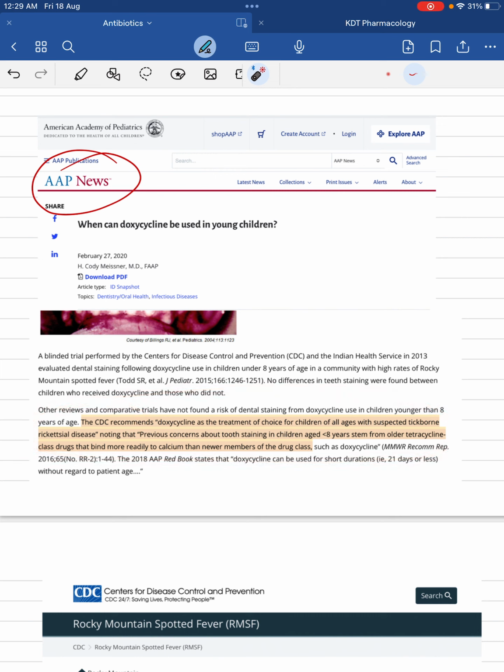What they are telling: doxycycline is the treatment of choice for children of all age groups with suspected tick-borne rickettsial disease. Noting that the previous concern about tooth staining in children less than 8 years stems from older tetracycline class drugs that bind, which means now they are telling we can use it in less than 8 years also.